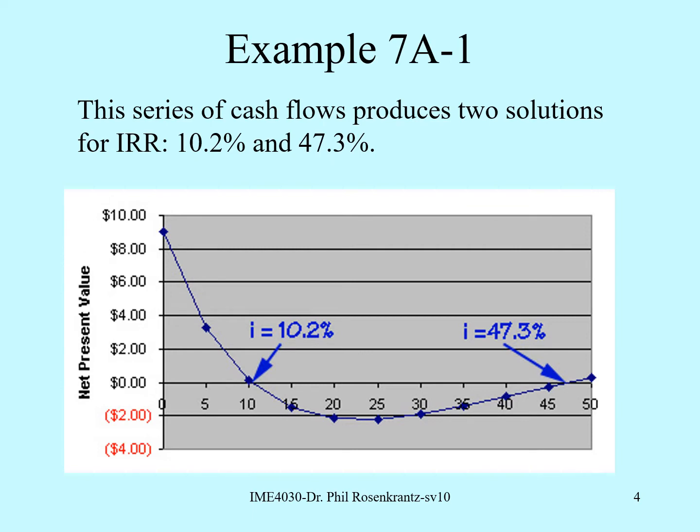The reason is because when we have more than one sign change, the solution equation ends up being a polynomial with two roots. And so we get these two roots that aren't really very realistic. So we need to do something to make some adjustments so that we can get realistic answers.